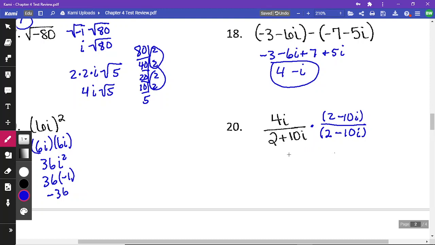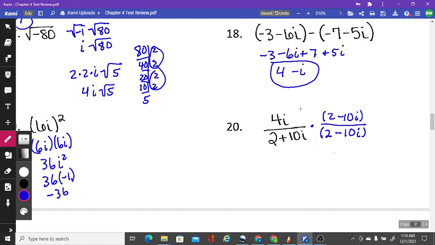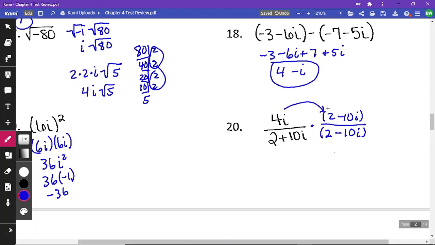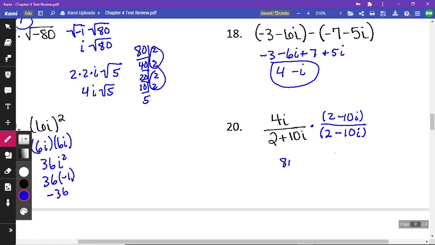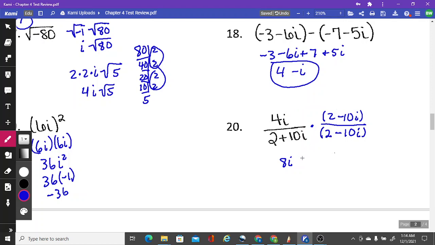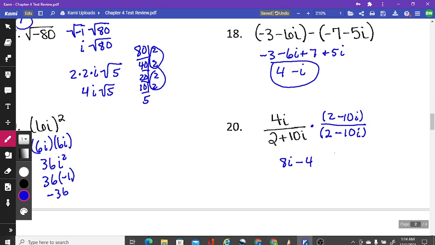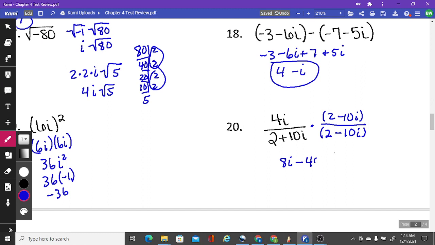Okay, so the numerator will be just multiplying, it will be distributing. So 4i times 2 gives us 8i. And then 4i times -10i gives us a -40i squared, right?